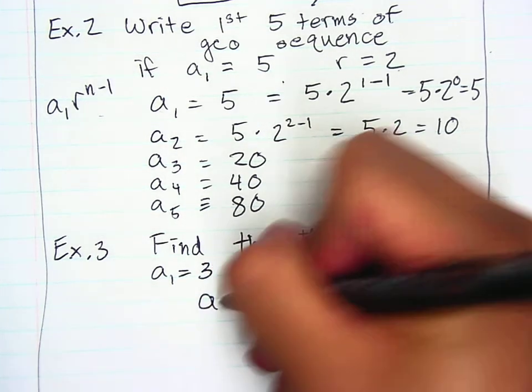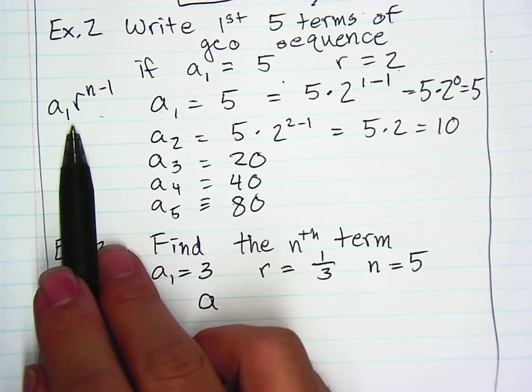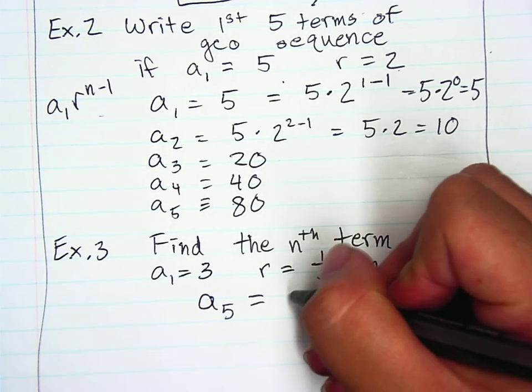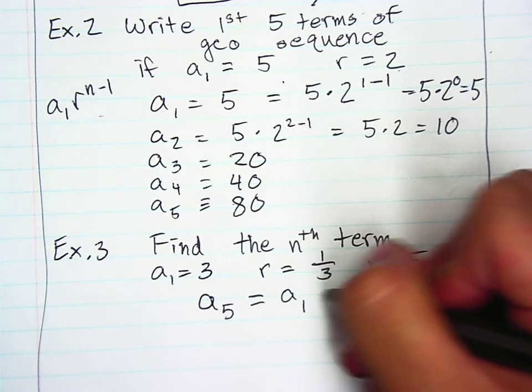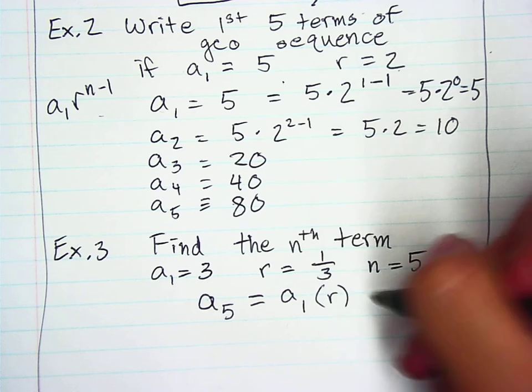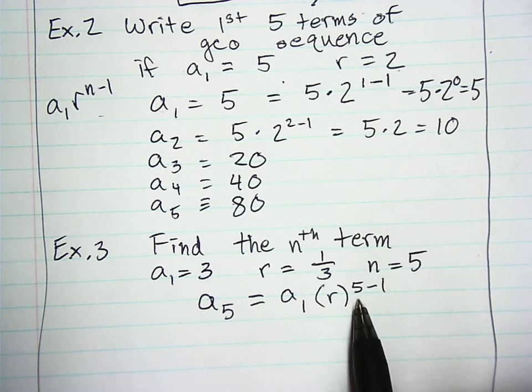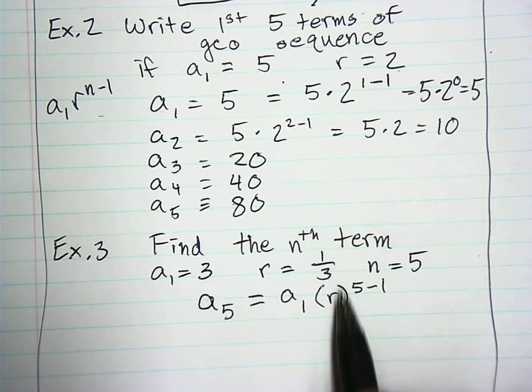So I'm going to use that formula I had over here. And I'm going to use a sub 5 is equal to a sub 1 times r to the 5 minus 1, because I substituted in 5 for my n. Then I'm going to go ahead and plug in these other two values.